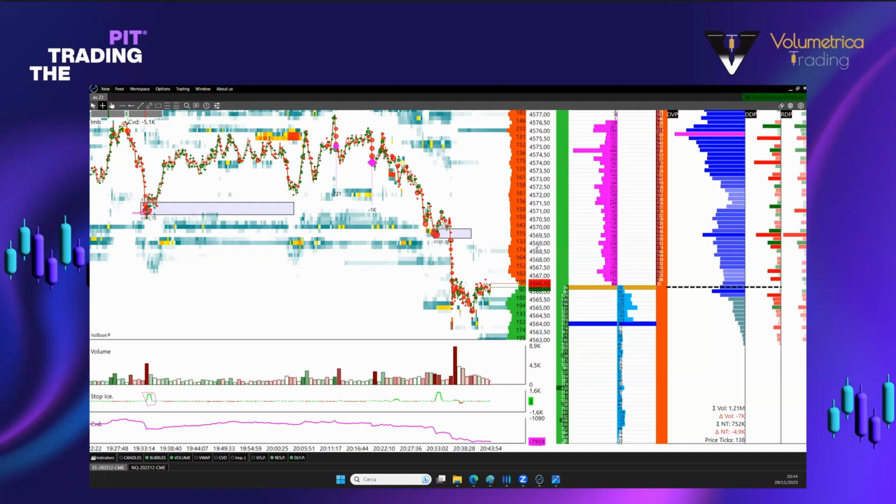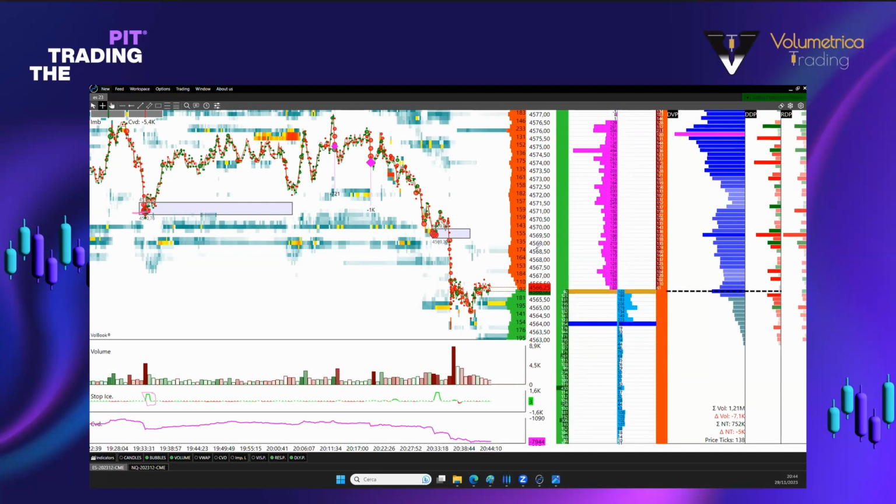But there are some ways to tell if the iceberg area is being defended. How? First of all, we need to carefully check the way the iceberg interacts with the market.